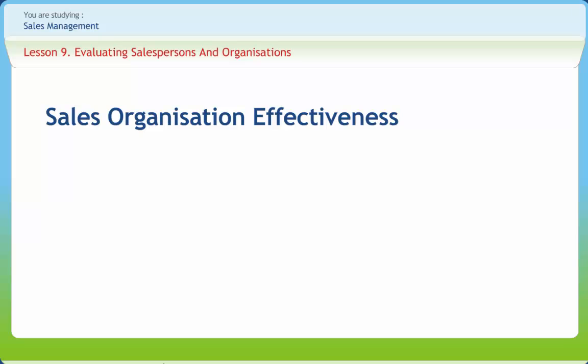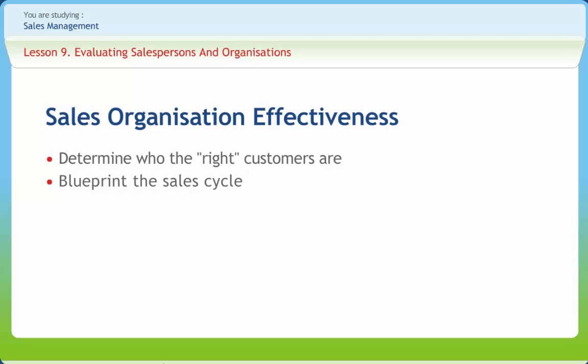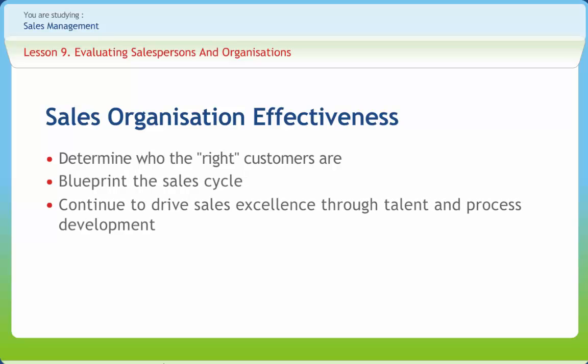Sales department needs to have certain essential skills that are a prerequisite for success through the entire sales cycle. These include preparing for customers, acquiring customers, retaining customers. An effective organization is one that determines who are its right customers, blueprint the sales cycle, and continue to drive sales excellence through talent and process development.